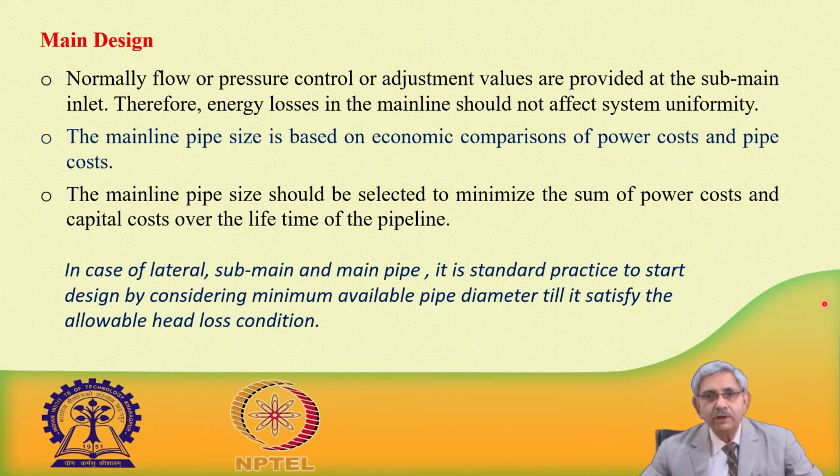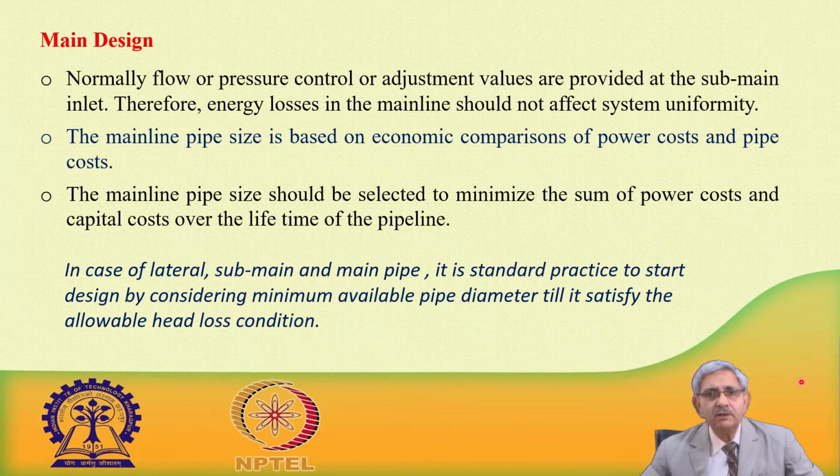If you go for too small a pipeline, we may reduce the cost of the system, but the recurring operational cost will increase. So, head loss may be lower with a larger pipe. So, that is one trade-off between energy consideration and the cost of the system.